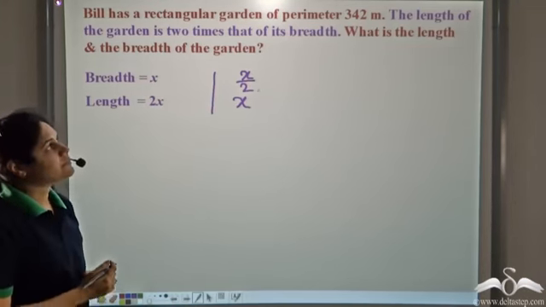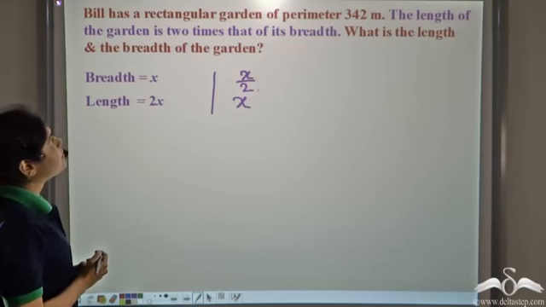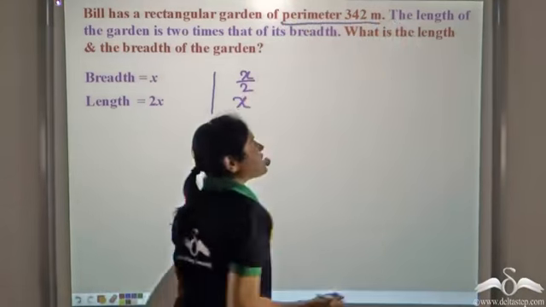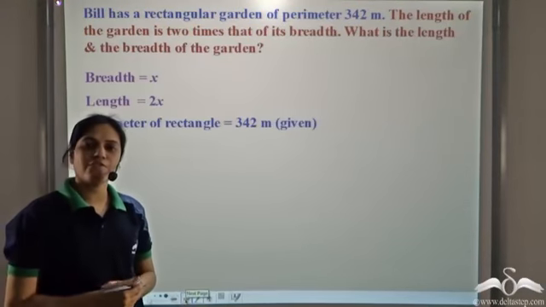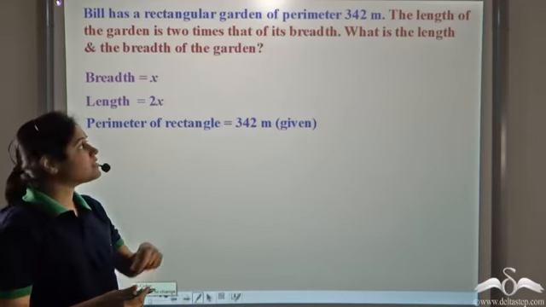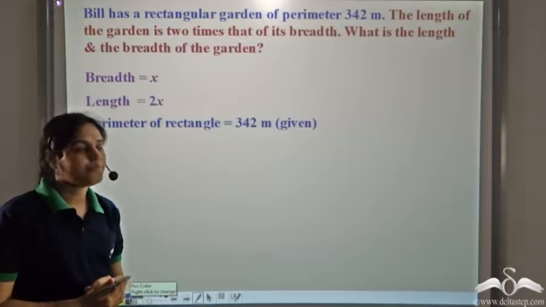Now the next step is to see what else is given to us. It is given that the perimeter of the garden is 342 meters. So perimeter is 342 meters. Now can we find the perimeter using these variables? Yes, we can.